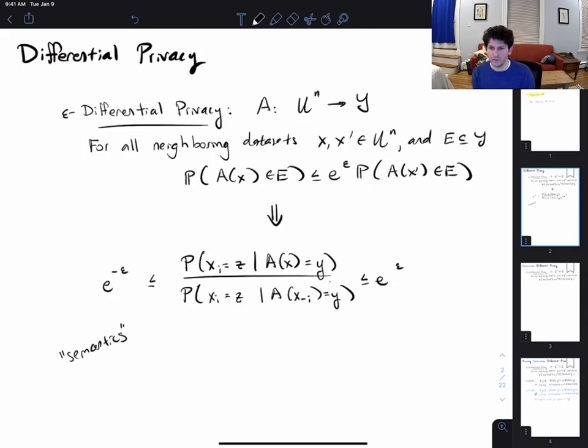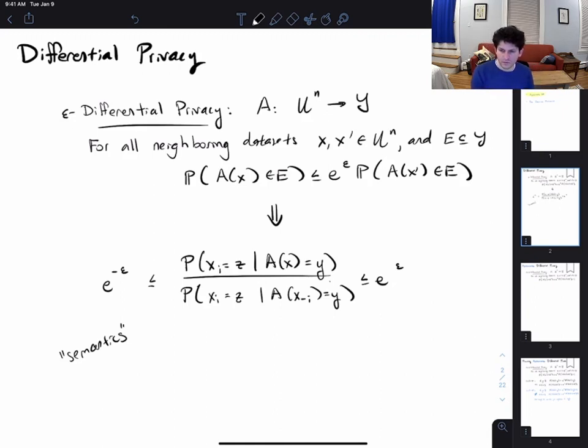In particular, what it means is that if some event has probability 0 under A of x prime, then it has to have probability exactly 0 under A of x. So for example, there can't be any events that happen with 0 probability under one data set and non-zero probability under a neighboring data set, no matter how small that non-zero probability is.